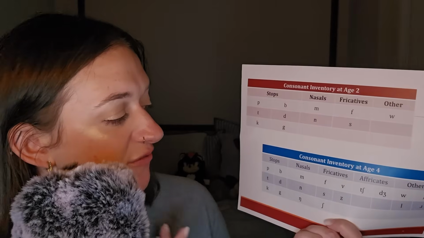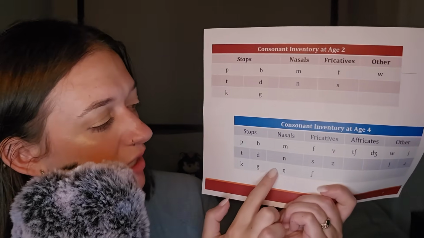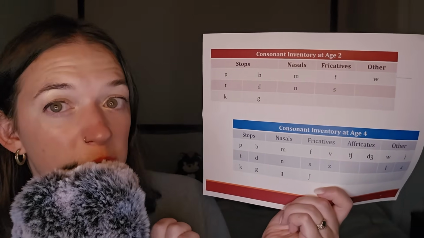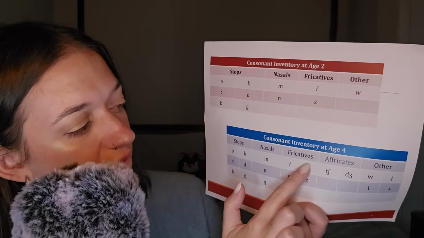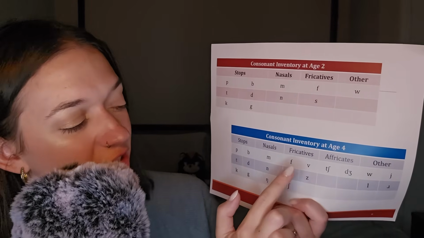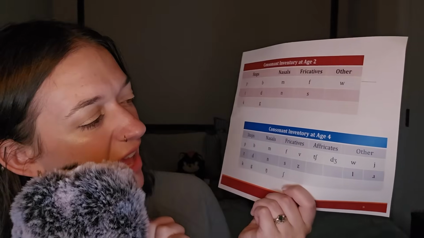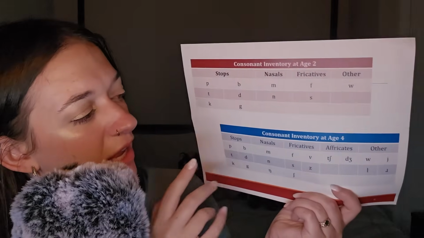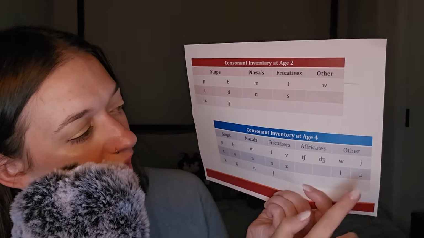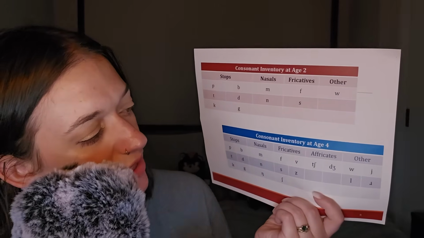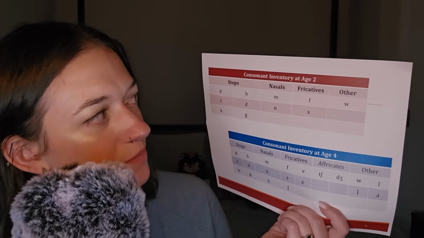However, by age 4, they have acquired ng, so now they can also pronounce ng, sh, z, as well as affricates like ch and j, and some other liquid sounds: y, l, r.